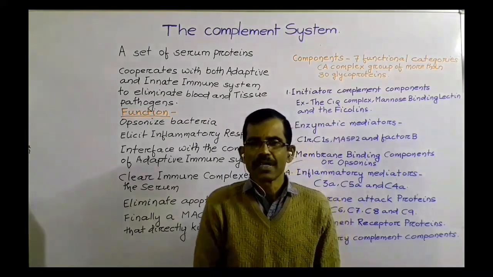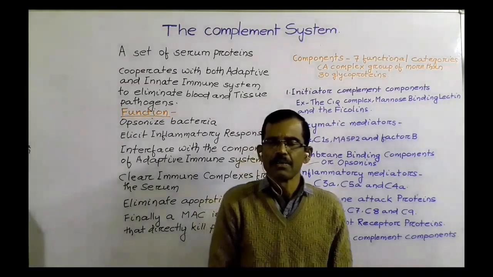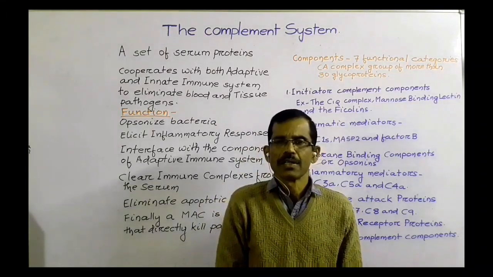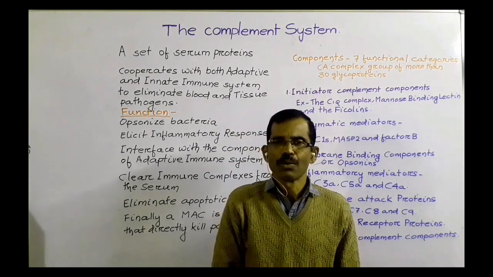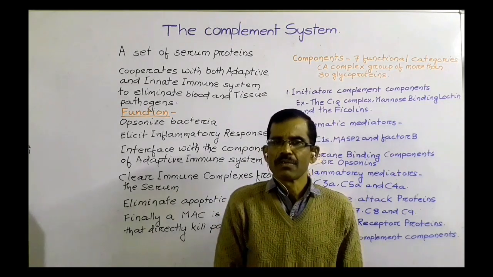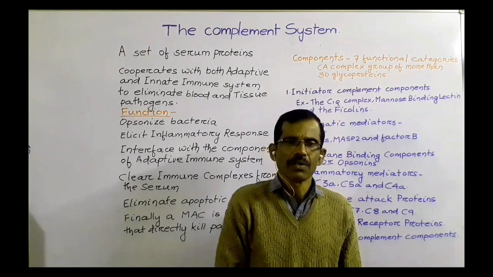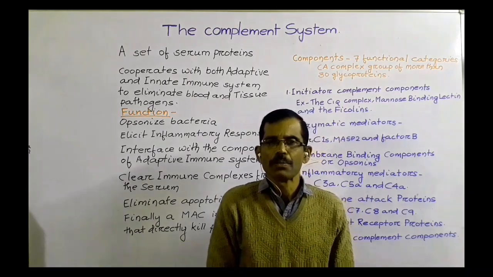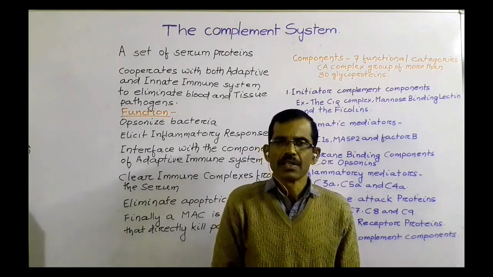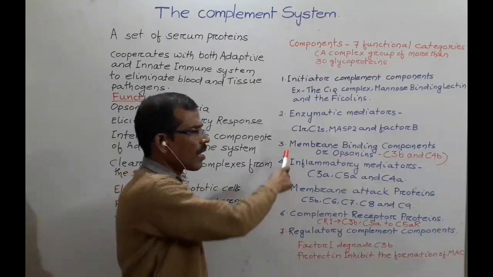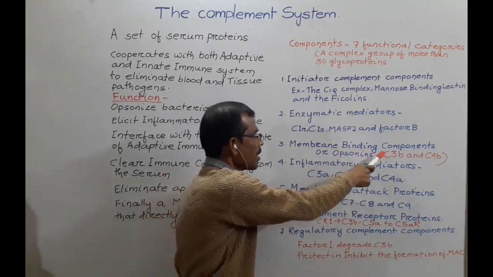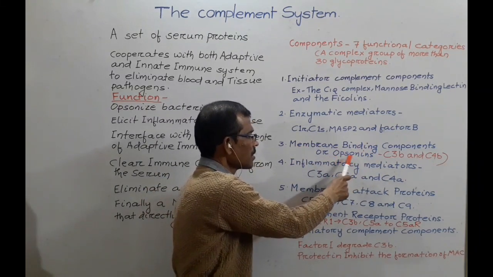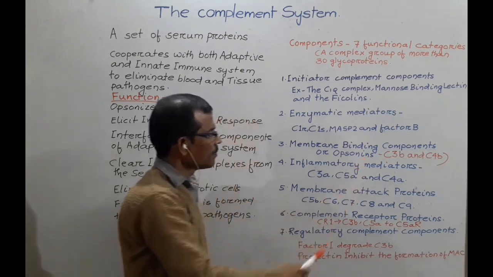Other proteases are inactive until cleaved by another proteolytic enzyme. There are two enzyme complexes known as C3 convertase and C5 convertase, which cleave the complement components C3 and C5 respectively.